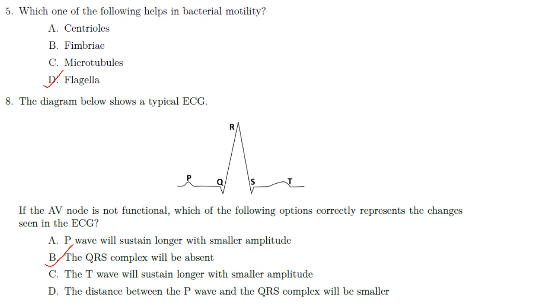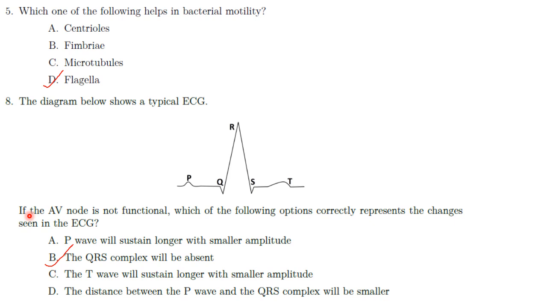Then next one. The diagram below shows a typical ECG. If the AV node is not functional, which of the following options correctly represents the changes seen in ECG? So what is ECG? ECG is electrocardiogram and is used in tracing the electrical activity that is taking place within the heart.